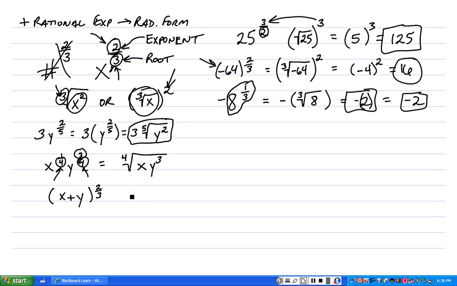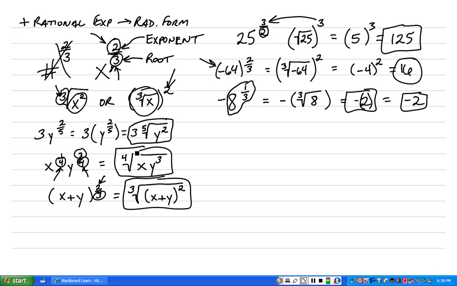So I would take the cube root, because of my 3, of (x plus y) squared. There it is. This would be my answer here. So that's really all there is to it.